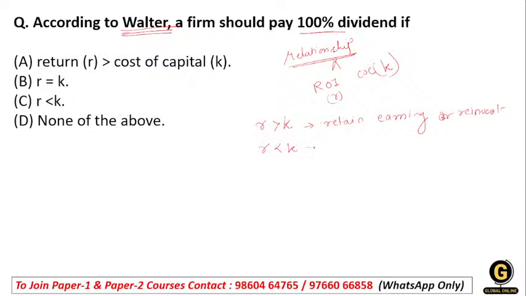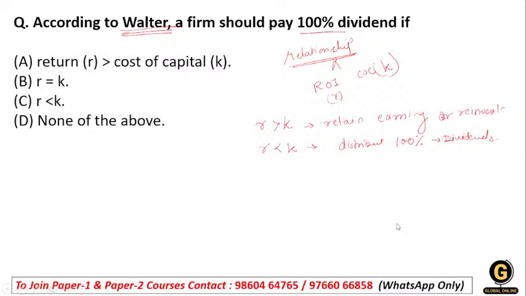In that condition the company should distribute all its earnings, 100% of earnings, as dividend to its shareholders, because reinvesting all of it would generate a lower return than the cost of capital.